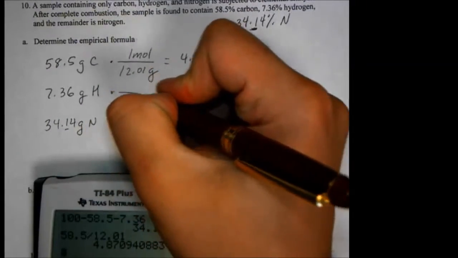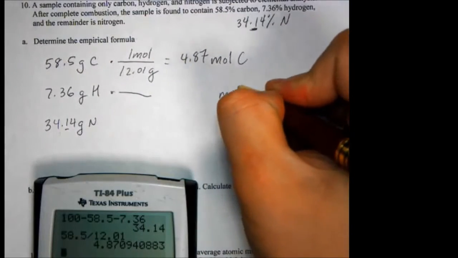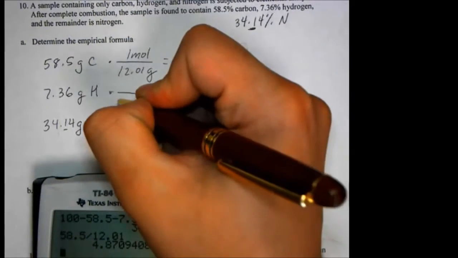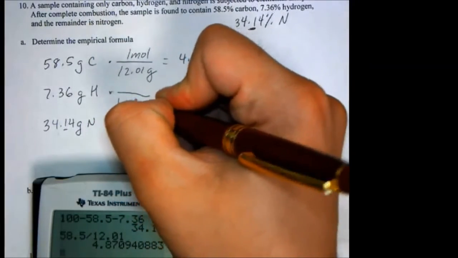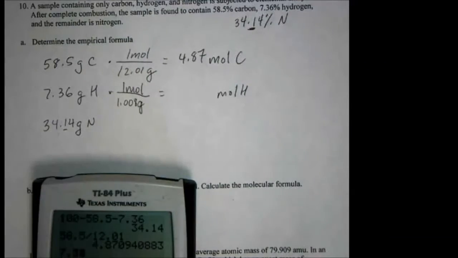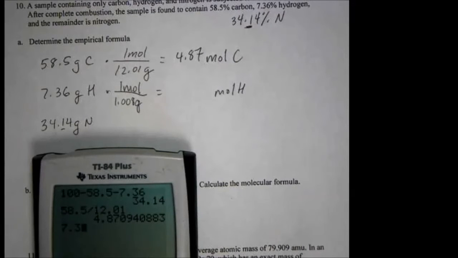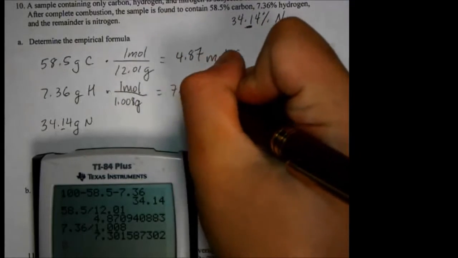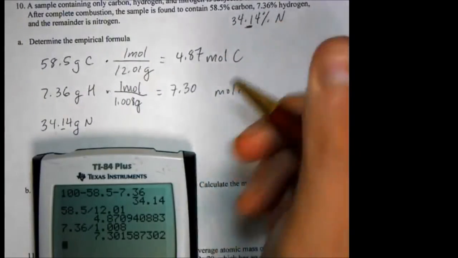We use the molecular weight to convert to moles of hydrogen. So this is going to be 1.008 grams for every 1 mole. So 7.36 divided by 1.008 is going to give us 7.30 moles of hydrogen.